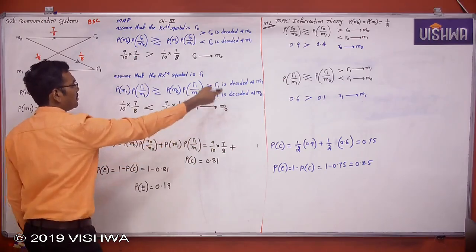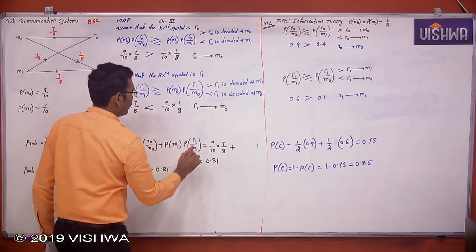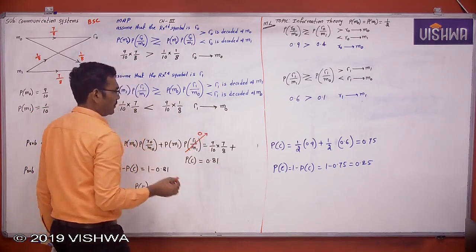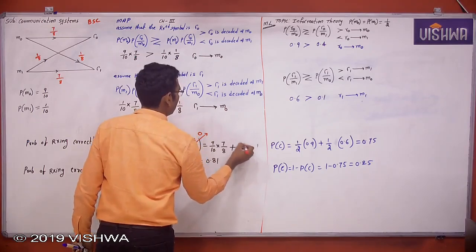R1 is not decoded as M1, so this probability is 0, and this product is 0.